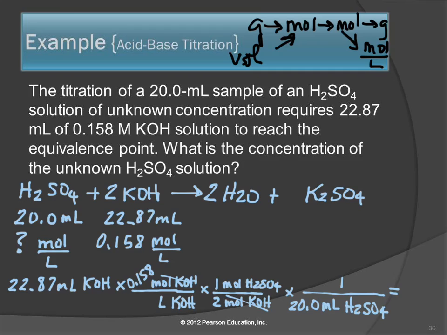Now look at those units. These milliliters are canceling those milliliters. The KOHs cancel each other out. And what we end up with here is moles of sulfuric acid per liter of sulfuric acid.